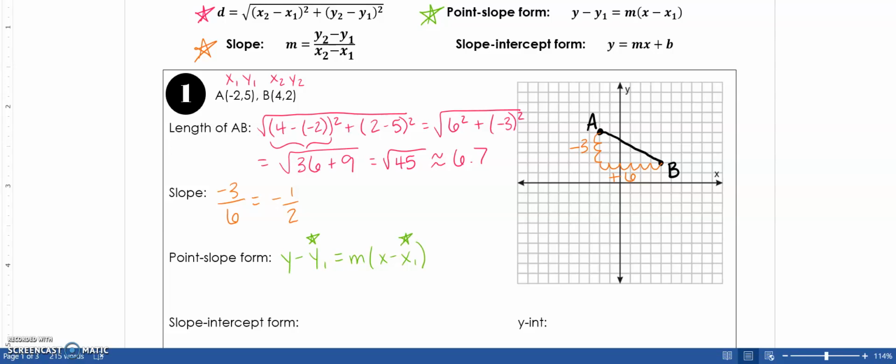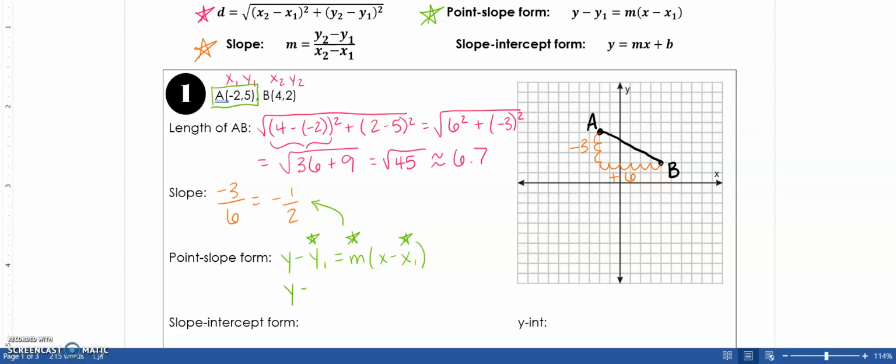We had those right here. We made that our A. It doesn't matter in the end if you use A or B, because it all depends on which one you designate as x1 and y1. And then we have our slope, which was given to us right here. So we're just going to plug that in.